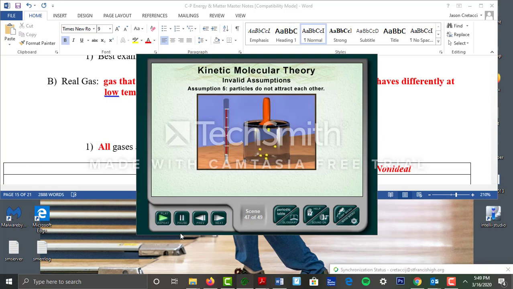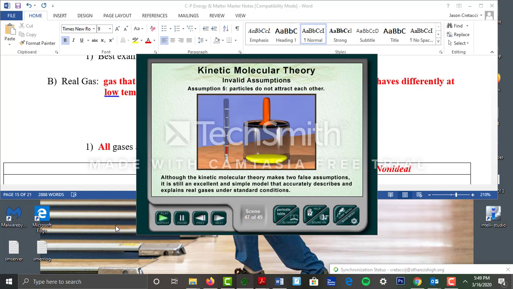At low enough temperatures, the attraction between gas particles becomes so great that a liquid forms. The attractions between real gases cause them to deviate from the ideal gas law. Although the kinetic molecular theory makes two false assumptions, it is still an excellent and simple model that accurately describes and explains real gases under standard conditions.